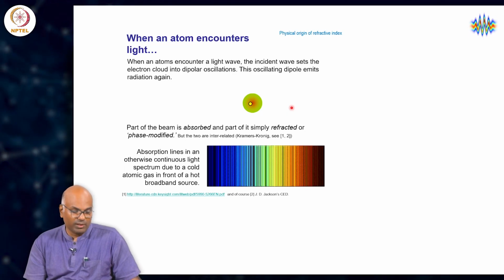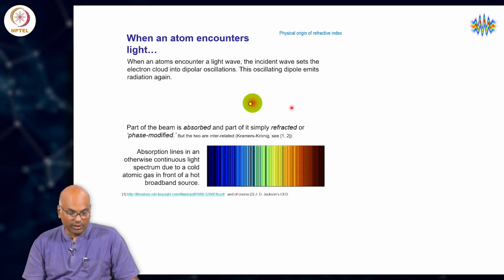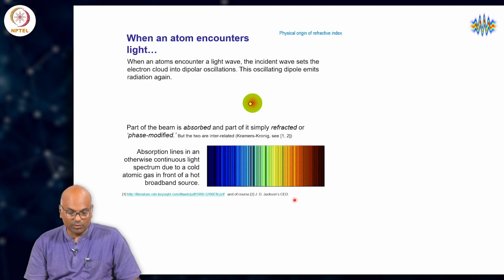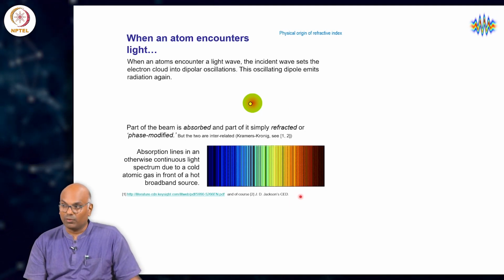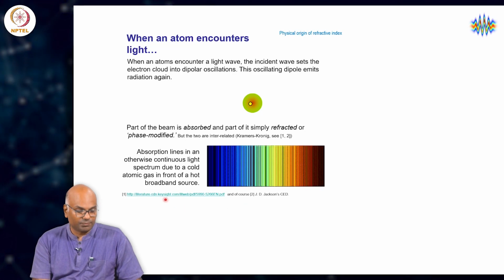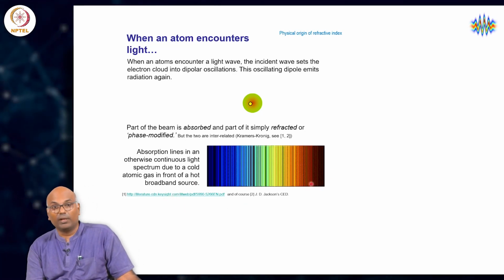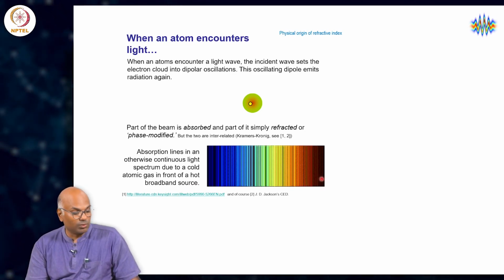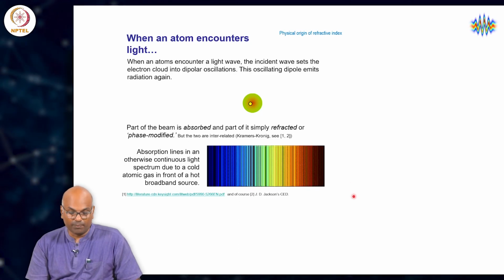As we saw, indeed the two aspects are related through Kramers-Kronig relationships, which classic texts on electromagnetism deal with very nicely, such as Jackson or even Griffiths and others. And then if one measures the absorption spectrum of a sufficiently broadband source through a gas of atoms, then you get a very nice spectrum.